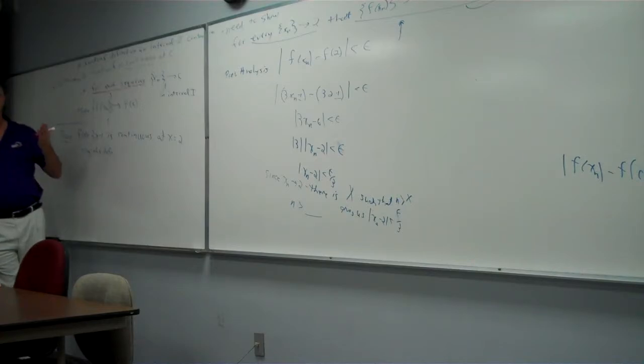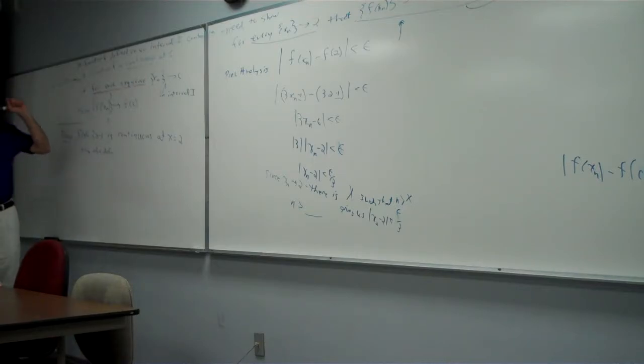I was looking for an x here, that when n was greater than x, something happened. So I now have an expression for x. It's not at all like we've seen before. It's much more abstract. But we have this sequence that is converging to 2. So once I tie down how close I need x sub n to 2, since it does converge to 2, there is a point past which I know something about that sequence. And in this case, the something I want to know is, oh, well, it's less than epsilon over 3.